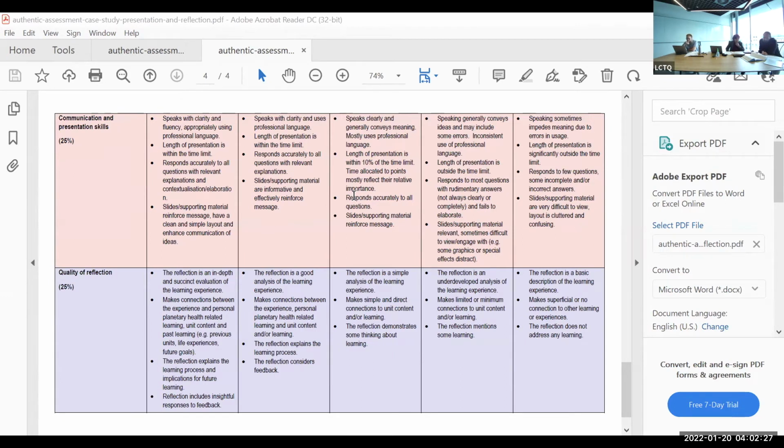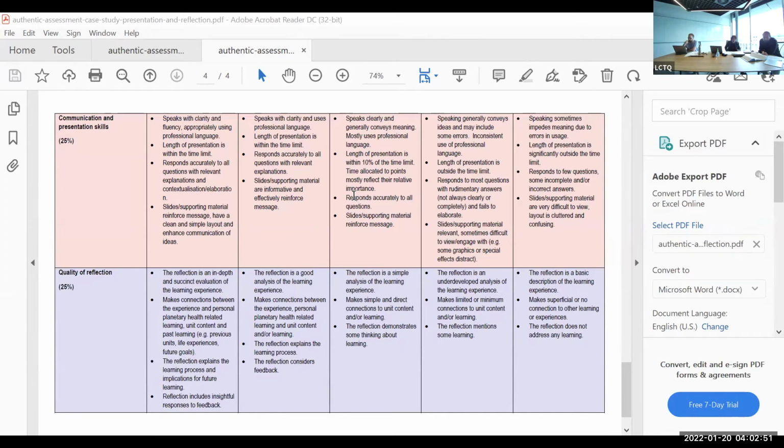And it has to make connections. The next bullet point is really, I think, a semantic wave, perhaps: makes connections between the experience and personal planetary health related learning, unit content, and past learning. So there's a lot in there that the learner has to do to get the top mark.